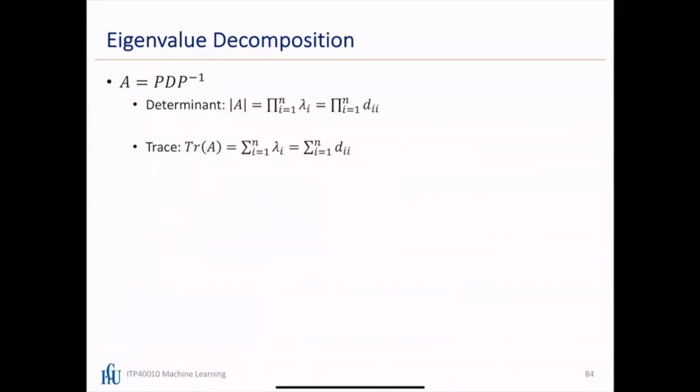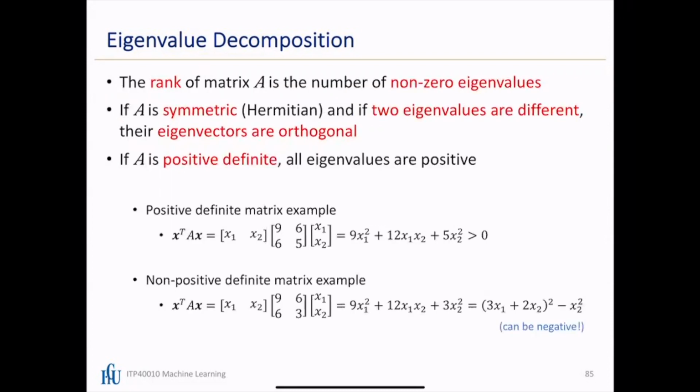After we decompose matrix A into P D P inverse, some of the important quantities can be calculated very easily. So the determinant is basically the product of the diagonal components, the trace becomes the summation of the diagonal components, and the rank can be found by the number of non-zero eigenvalues.